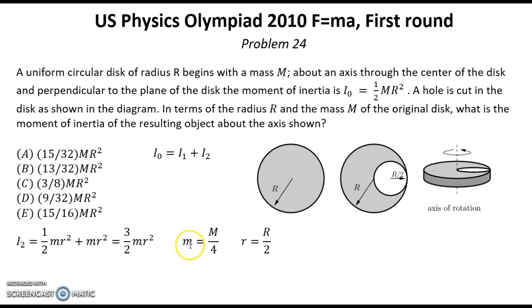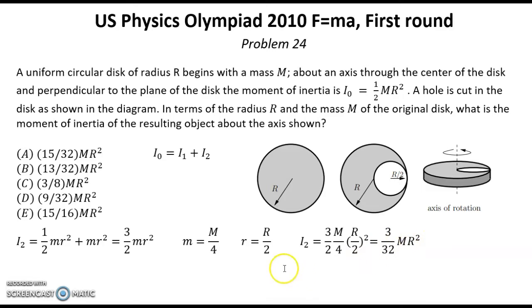But small m equals big M over 4, and the small radius equals big R over 2. So in terms of big M and big R, I2 will be 3/32 MR².